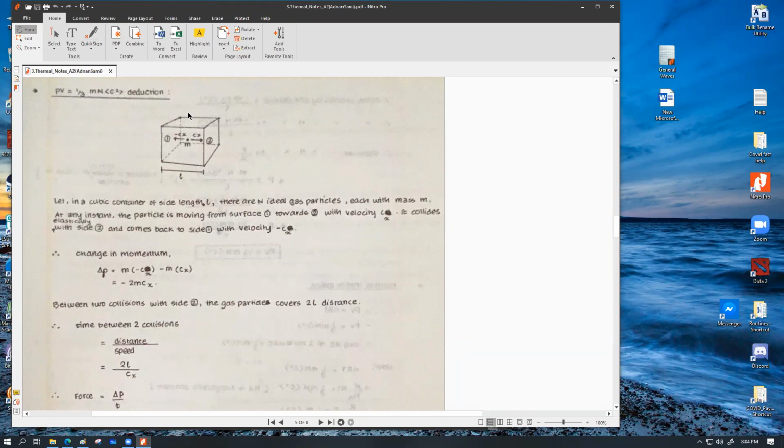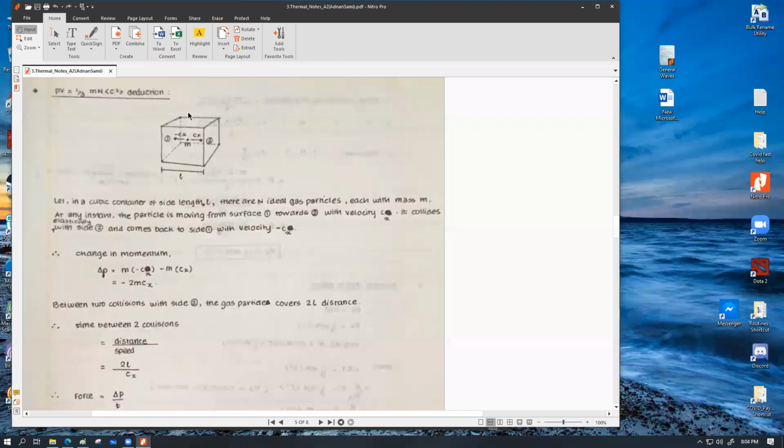This brings you the idea that because the particles are moving in three-dimensional space, for the sake of homogeneity I can assume that the average component velocity for all the particles would be exactly equal, because the particles have the same magnitude of velocity in any direction they move.